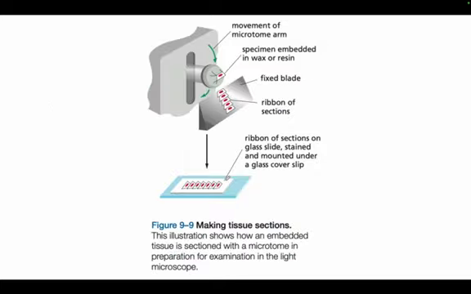Here you can see our specimen, which is embedded in wax and resin. The microtome arm is going to move like this, and our blade is going to be fixed here. As the microtome moves, it's going to cut very thin sections of this block. So we're going to get a ribbon of these very thin sections. We can collect these sections and use them as a sample.